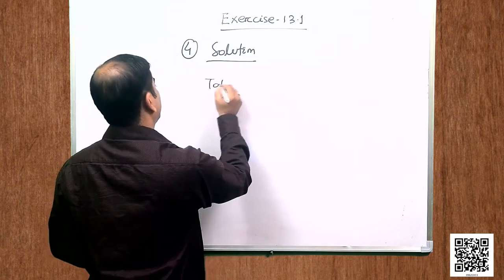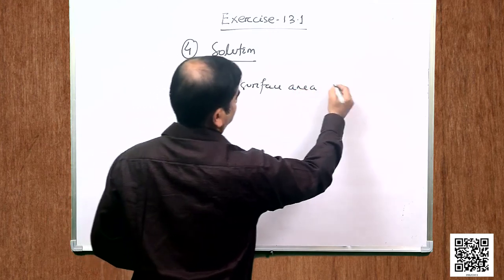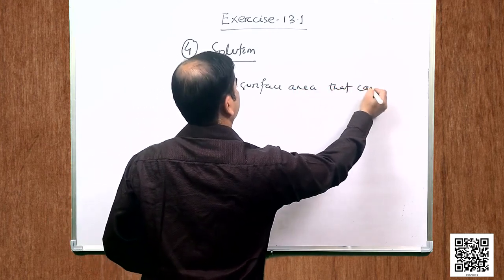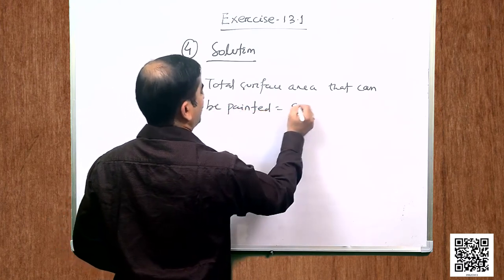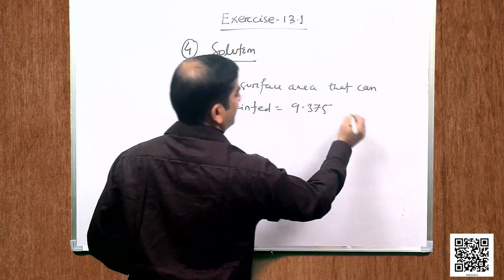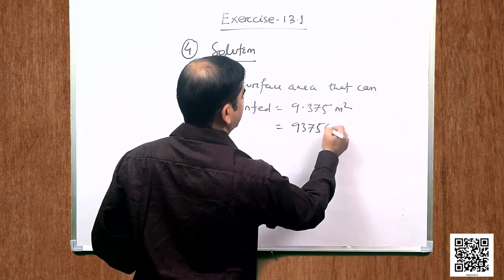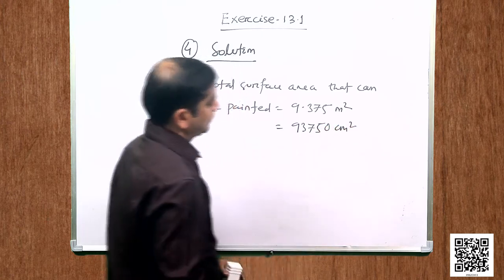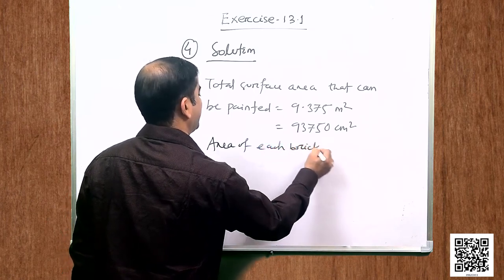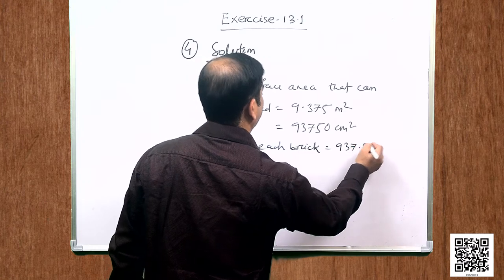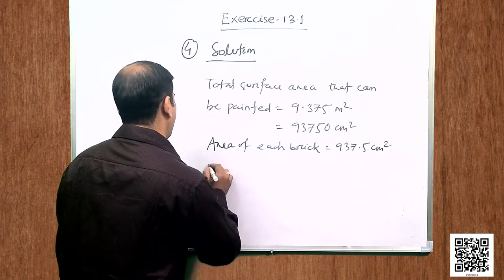Total surface area that can be painted is equal to 9.375 meter square, that is equal to 93750 centimeter square. Area of each brick is equal to 937.5 centimeter square.